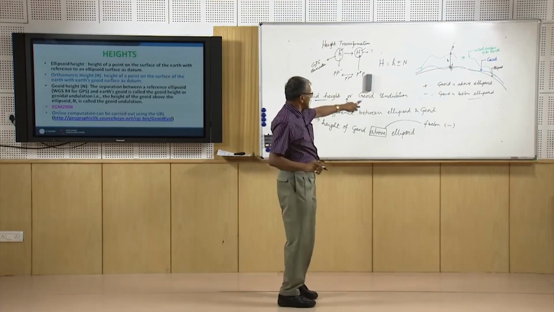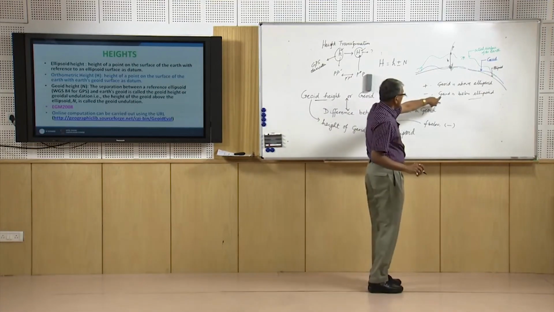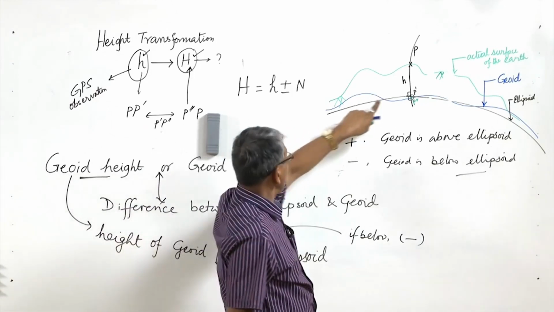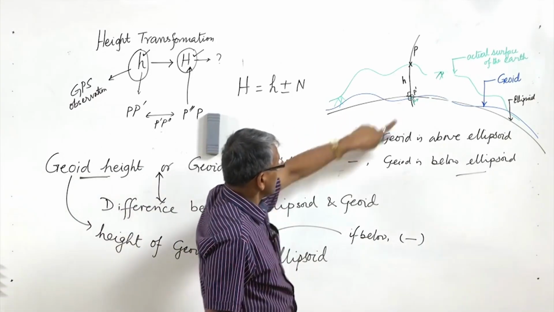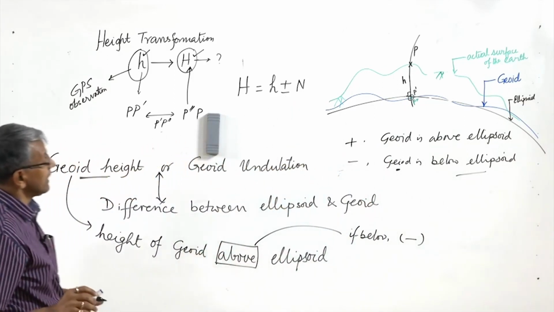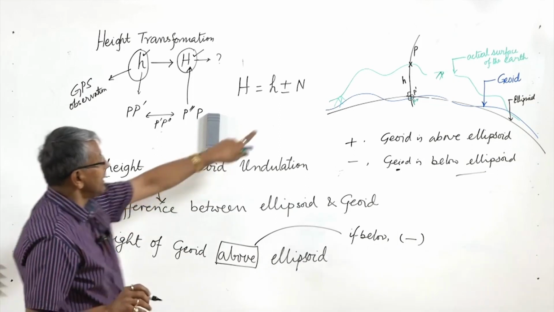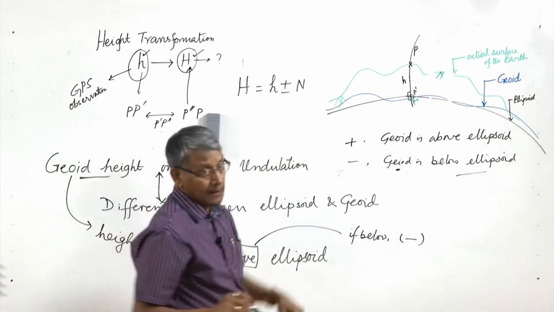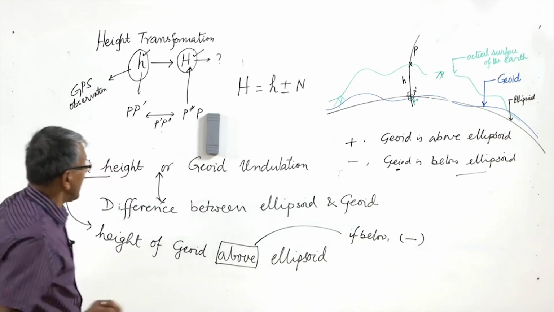So if the geoid is below the ellipsoid, then we have to add N, and if it is above, then we have to subtract N from the ellipsoid height.